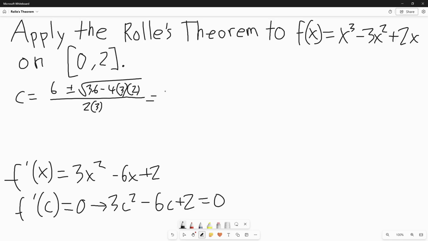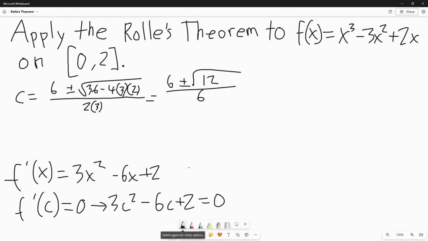Now let's get to simplifying this. So we get 6 plus or minus the square root of 36 minus 4 times 3 times 2, which is 24, over 6. And let's rewrite what's inside the square root. 36 minus 24 is just 12.